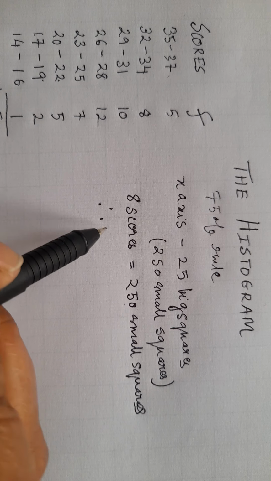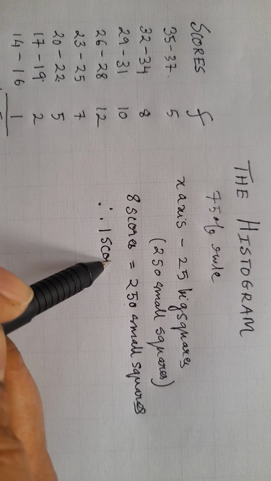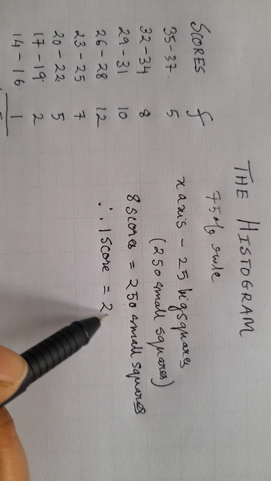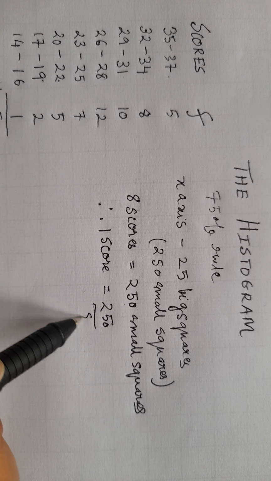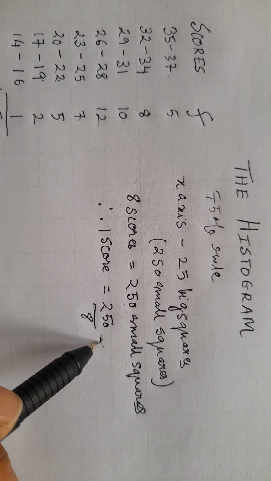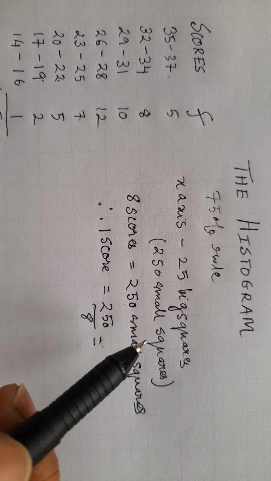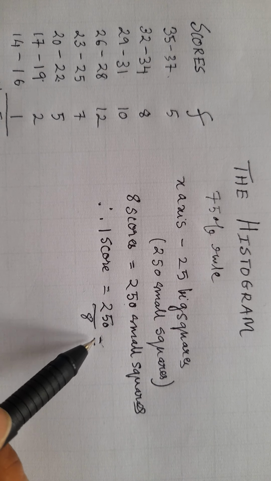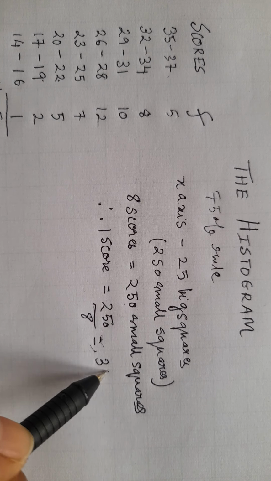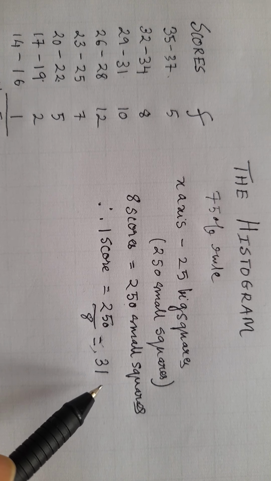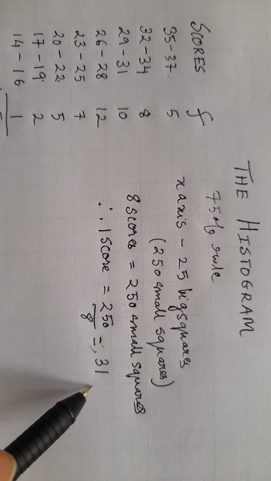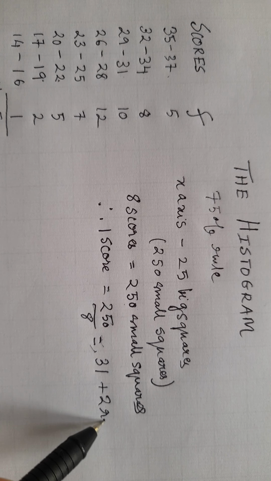Therefore, 1 score is equal to 250 divided by 8. Now that comes to 31 plus 2 remainder.